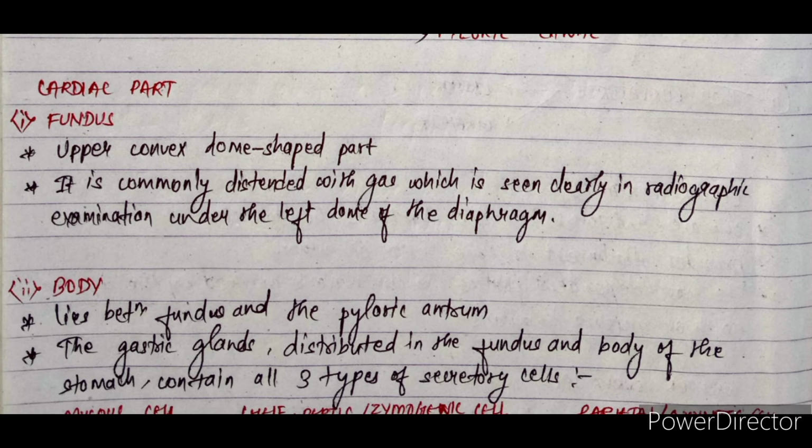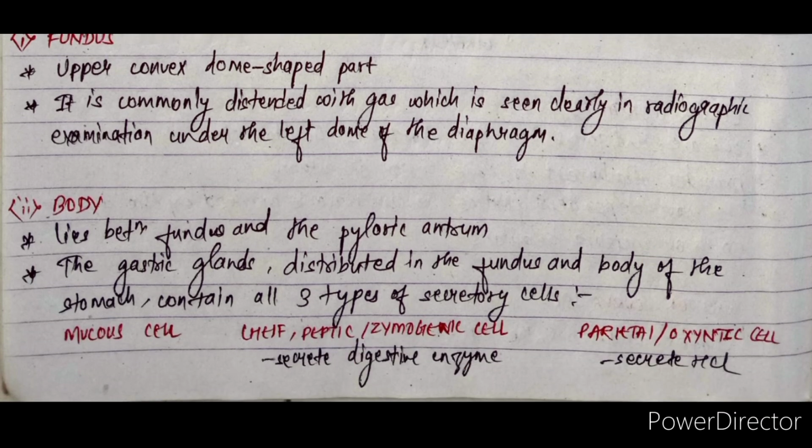Let's see about the cardiac part. So number one is fundus. It is upper convex dome-shaped part. It is commonly distended with gas, which is seen clearly in radiographic examination under the left dome of the diaphragm. The body lies between fundus and the pyloric antrum.